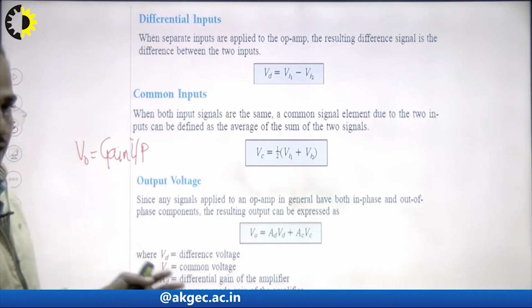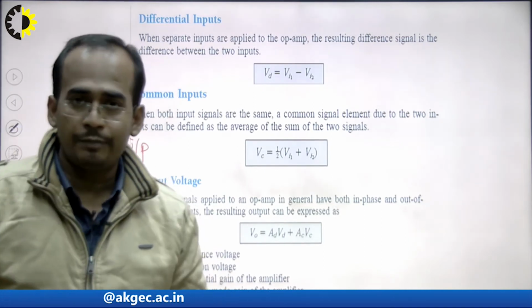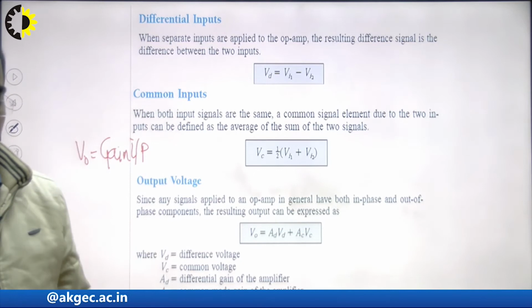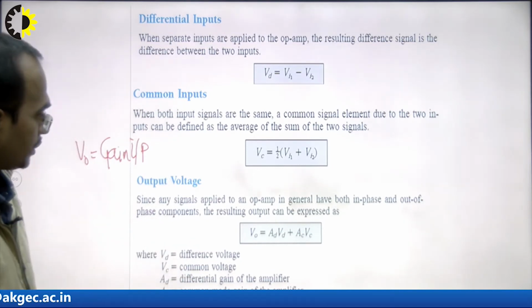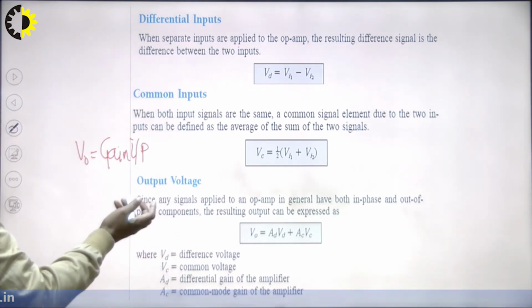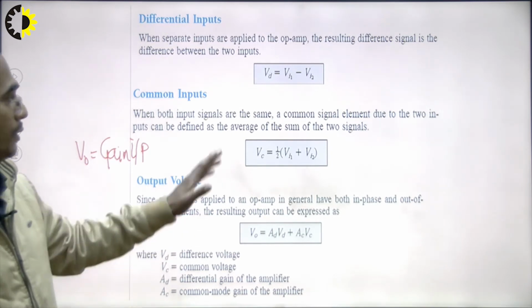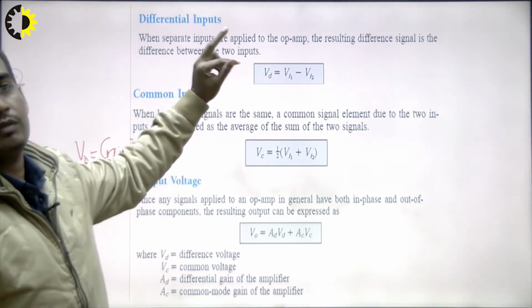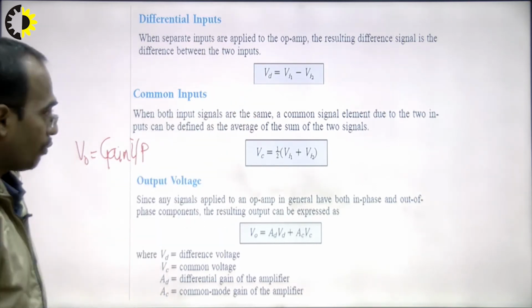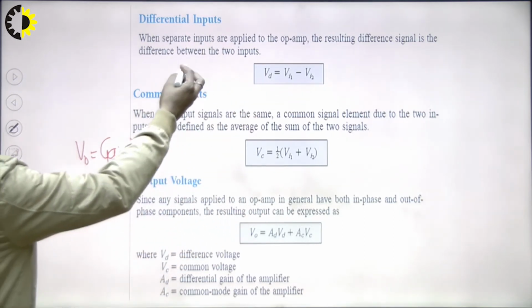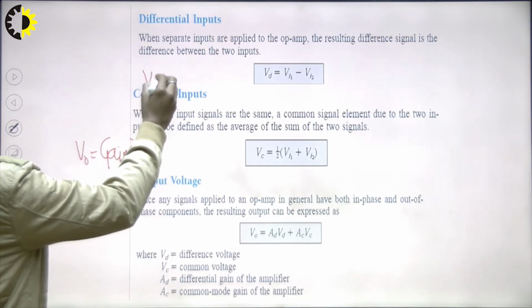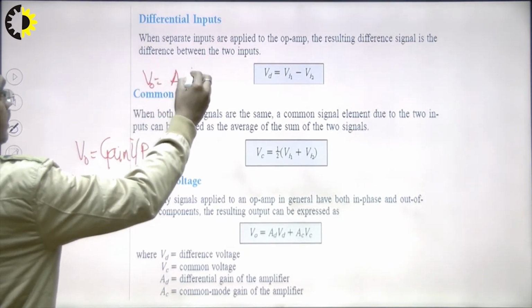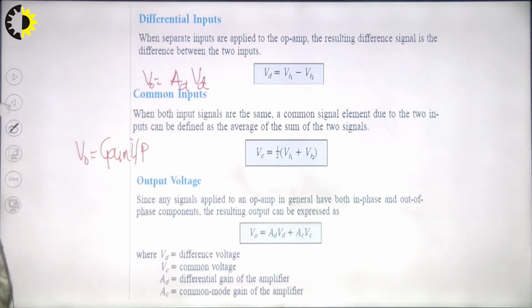So, when I am considering the differential input as well as the common mode input, what will be the output? Output is the sum of the common mode output because of the common input and the output because of the differential input. V naught is nothing but differential gain multiplied by differential input.